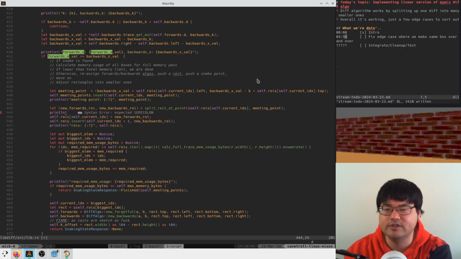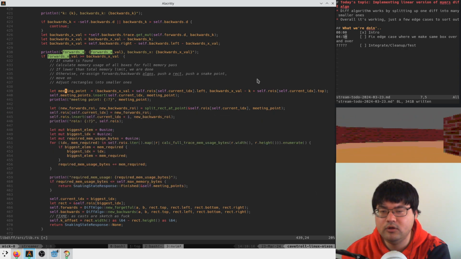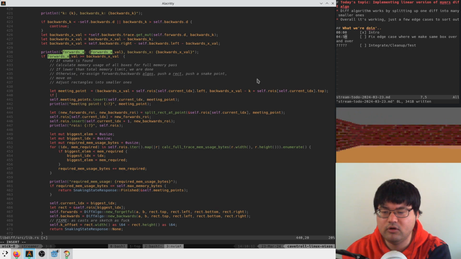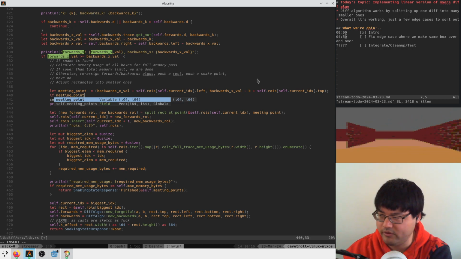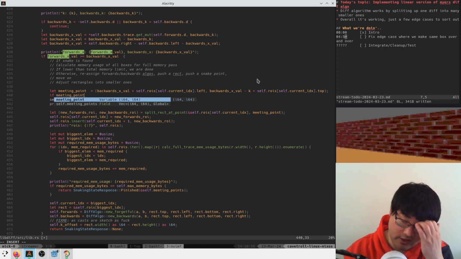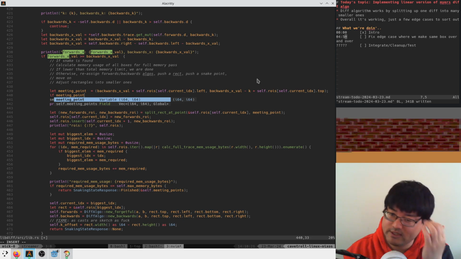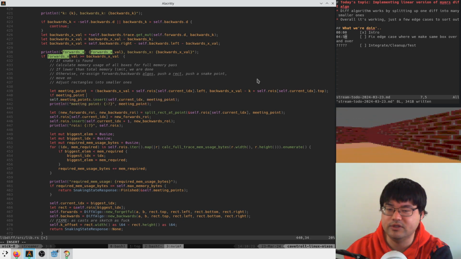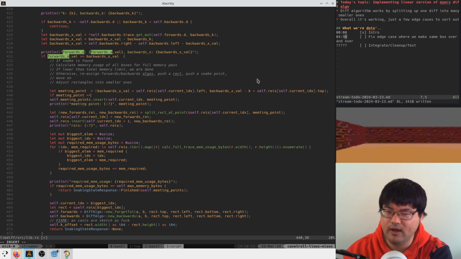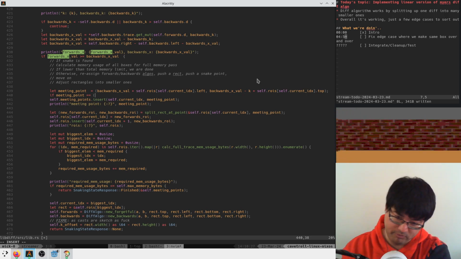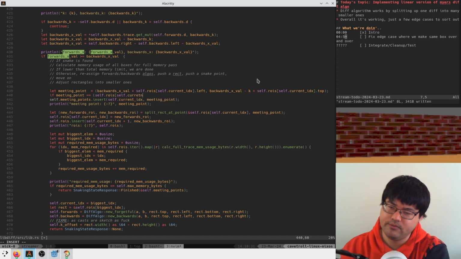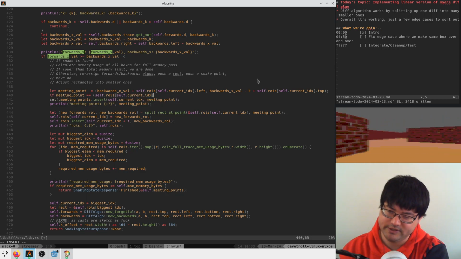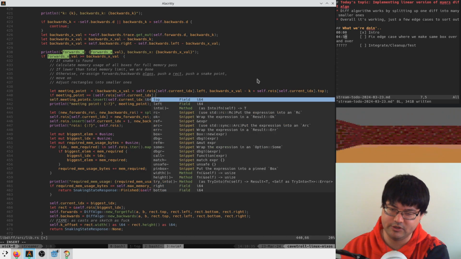So maybe we could say, if the meeting point where these two forwards and backwards passes collide with each other is the same as the bottom right of the box, like this. So this is going to be the bottom right.